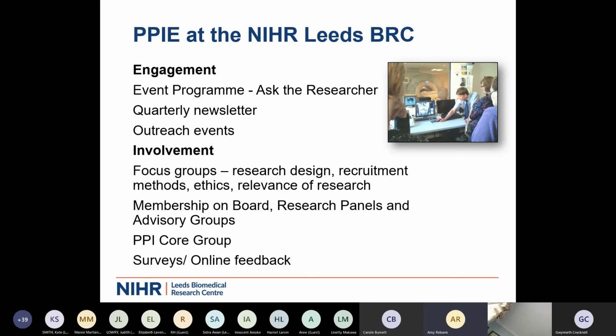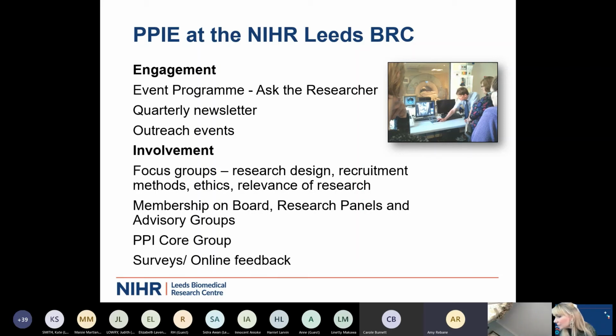In terms of involvement, most frequently we do focus groups, so that will be a session with a researcher and a number of PPI members to give feedback usually on the following areas: research design, recruitment, methods, ethics, and relevance of research. We've been holding those online as well using Zoom, and that does seem to be going quite well during this time.